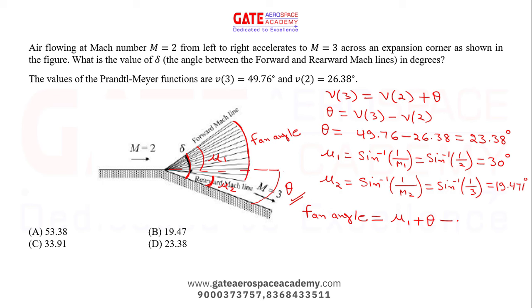Minus mu2. So let's substitute: 30 plus 23.38 degree minus mu2, 19.471 degree. So we got 33.91 degree. Option C.